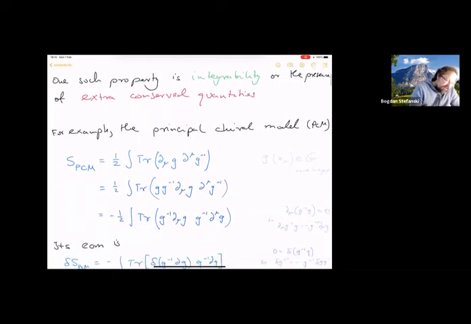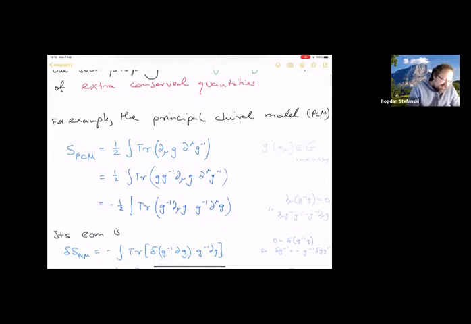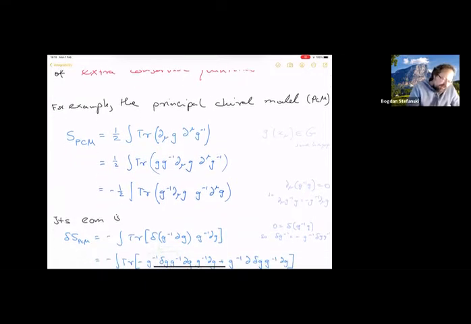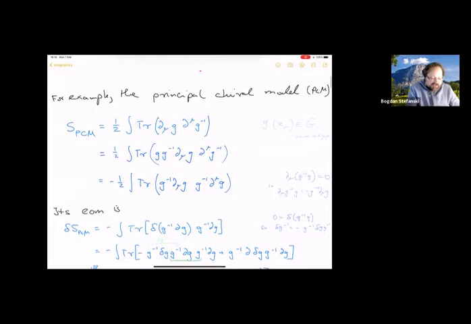Okay, so let's start slowly. I've tried to do a sort of mixture of material that can be a little simple and a little more advanced. So let's start a little bit simply. Here are my worldsheet coordinates, x0 and x1, or tau and sigma. And we're going to take a group element, just like we did in the first lecture, which takes values in some Lie group.